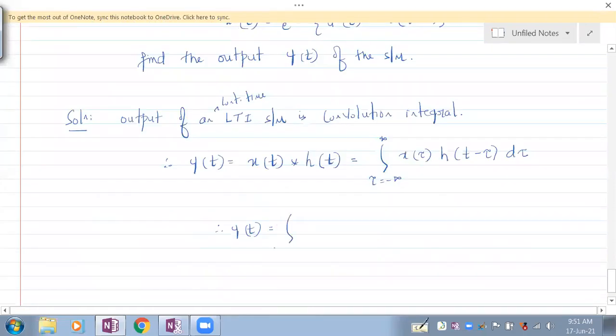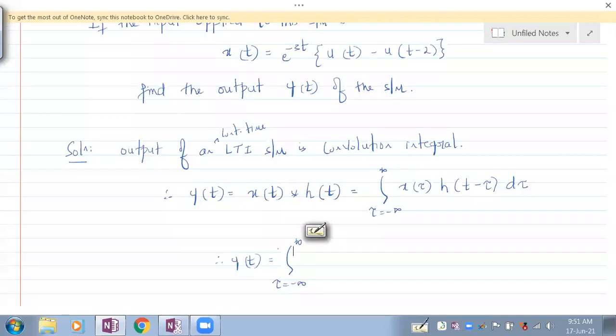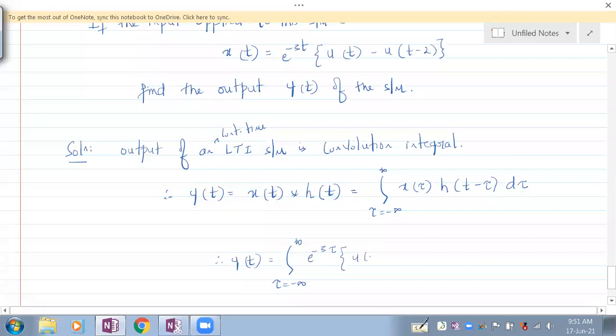Therefore, y of t can be written as the integral over tau ranging from minus infinity to infinity of e power minus 3 tau into u of tau minus u of tau minus 2.